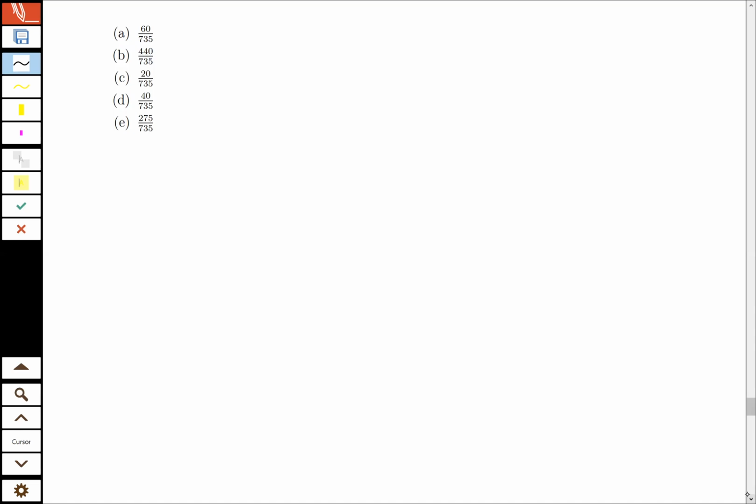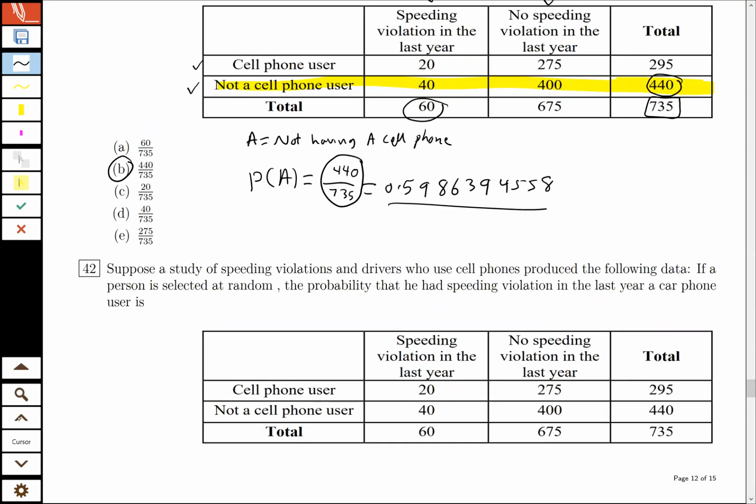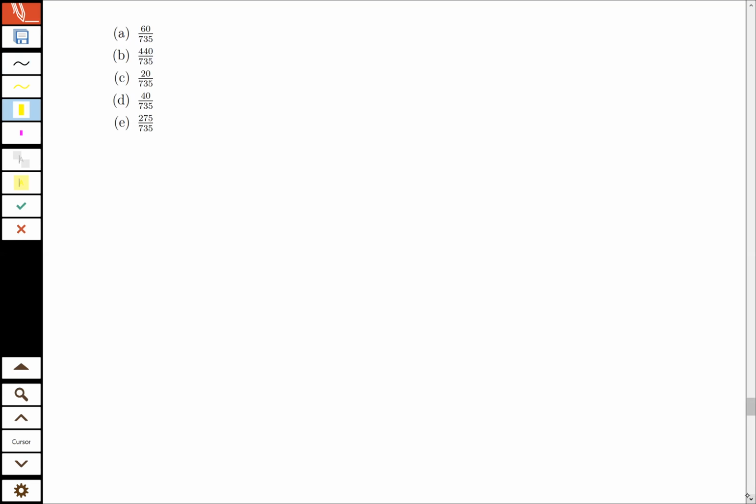Now, it's the same data as I said, but we change the question. Here we want the probability that he has speeding violations in the last year. Who gets speed violation?